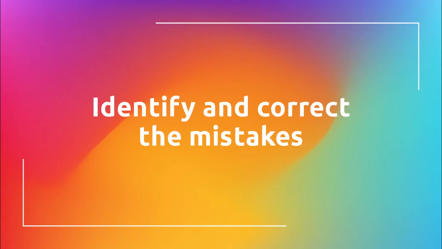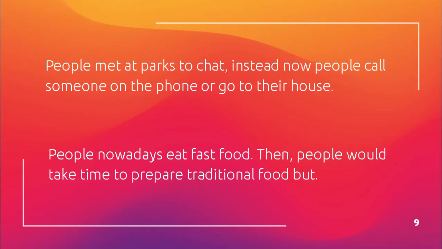Identify and correct the mistakes. So here it says, people met at parks to chat. Instead, now people call someone on the phone or go to their house. And we have people nowadays eat fast food. Then people would take time to prepare traditional food. But can you identify the mistake?